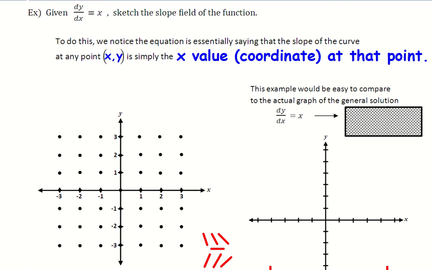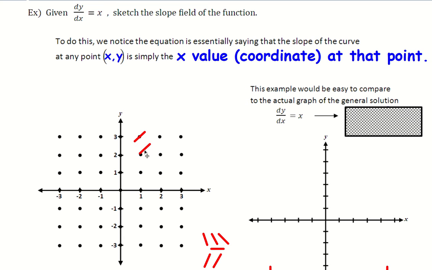Okay, so whatever the x coordinate is, like this point has an x coordinate of 1. That means the slope at this point is going to be 1. So this is a pretty good little line segment that has a slope of 1, like 1 over 1.